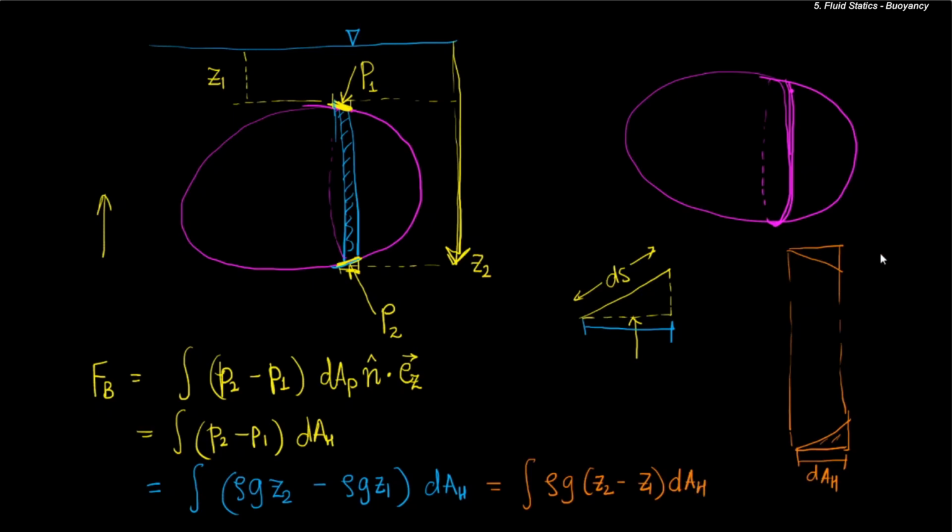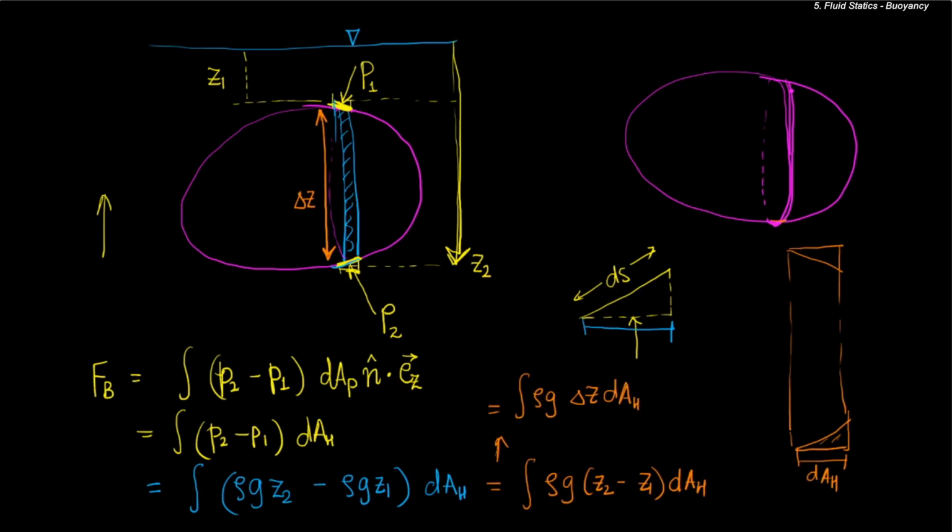Now z2 minus z1 is this height, so let's call it delta z at the point where dAH is evaluated. Essentially this expression is the integral of rho g delta z times dAH.